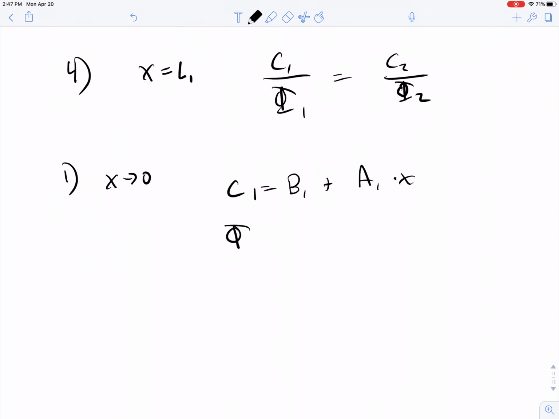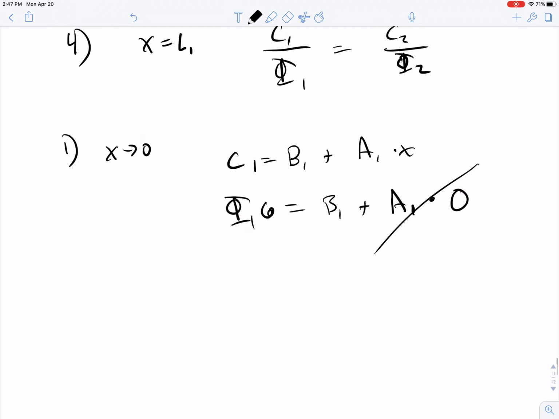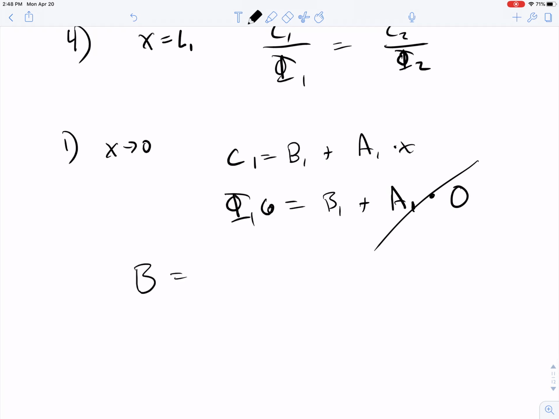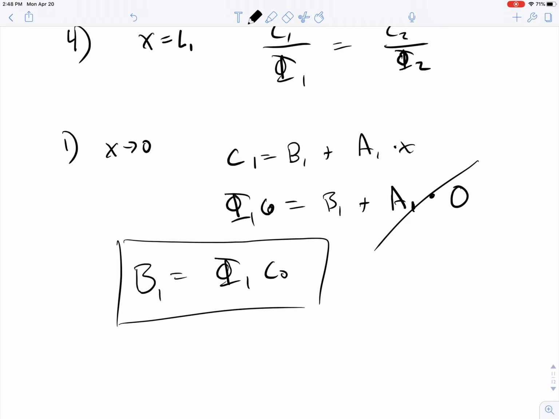We're going to have phi1 times c0 equal to b1 plus a1 times our position, which is 0. This term goes away, which gives us our first constant solved for: b1 equals phi1 times C0, that bulk concentration.